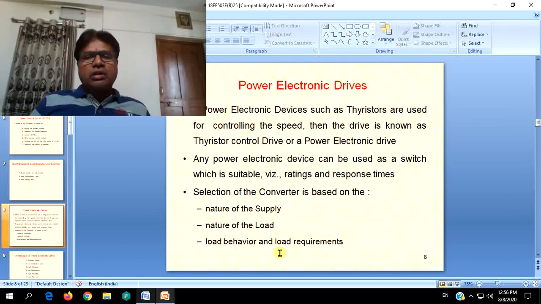Load requirements is whether it is a continuously working load, or an intermittently working load, or a continuously on-off load over a given duration. All these things, load behavior and load requirements, you will be learning in the subject of drives.